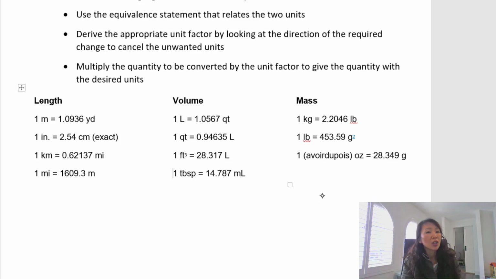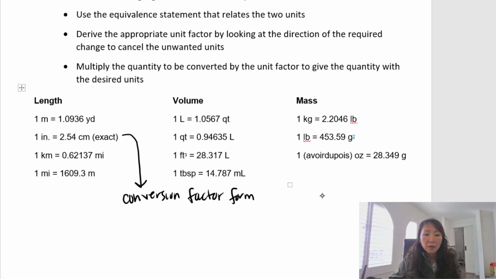Equalities can be changed into conversion factor form. For example, say you take 1 inch and 2.54 centimeters. We can put this in conversion factor form by putting 1 inch on top and 2.54 centimeters on the bottom.